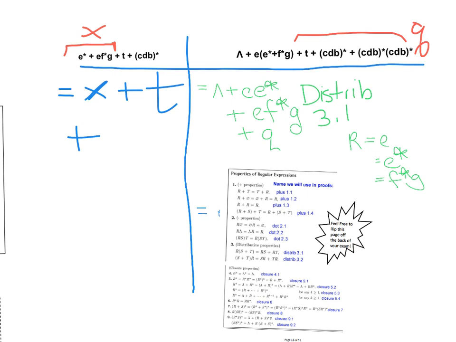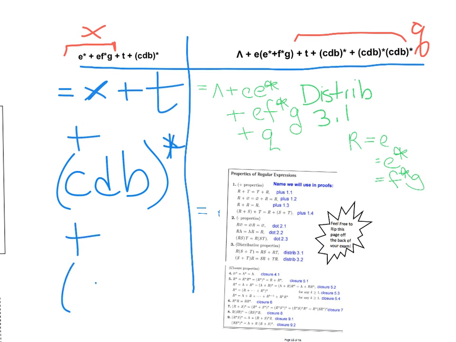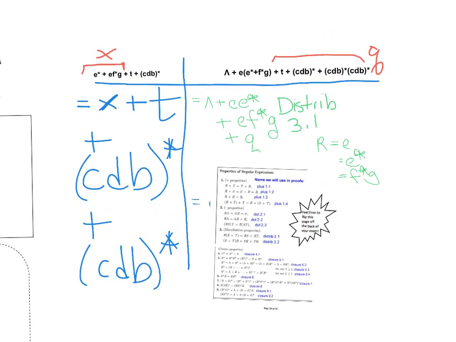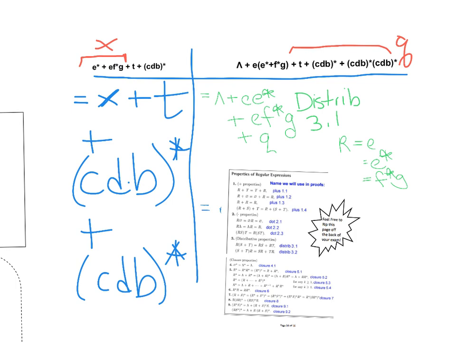So what I'm going to do is say this is the X plus T plus a CDB quantity starred plus another CDB quantity starred. See if I can shrink. Oh, I don't want to shrink the whole thing. Let me just shrink this little piece.